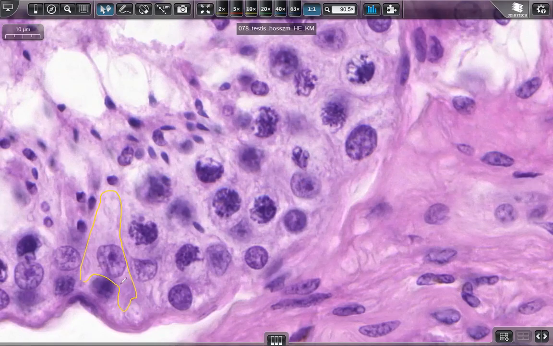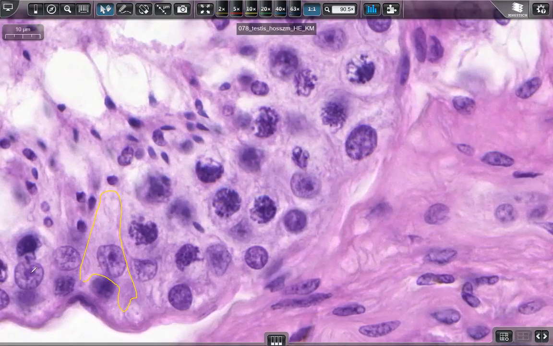This is a Sertoli cell, and between two Sertoli cells, we have a really well-developed junctional complex, mainly tight junctions. And the Sertoli cells, by the way, this is another one.